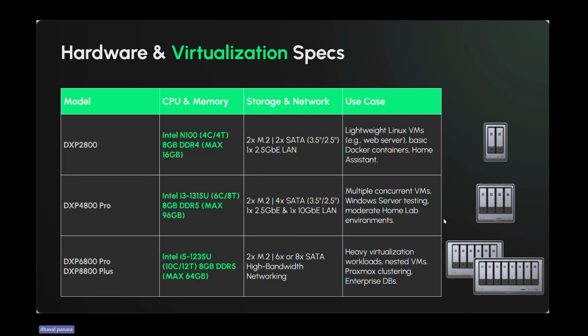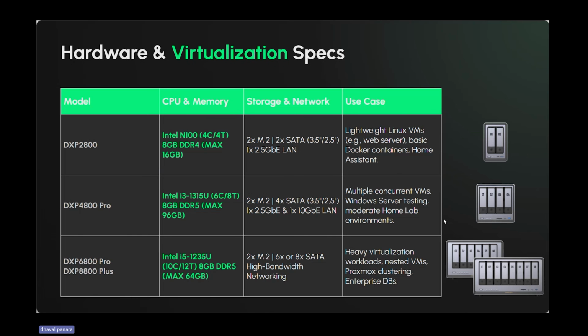And our higher-end models, the DXP6800 Pro and 8800 Plus, have an Intel i5 processor with 10 cores and 12 threads, 8 gigs of DDR5 RAM, and a maximum of 64 gigs of DDR5, expandable. Two M.2 slots, 6 or 8 SATA bays for high bandwidth, and support for 10 gigabit networking as well.